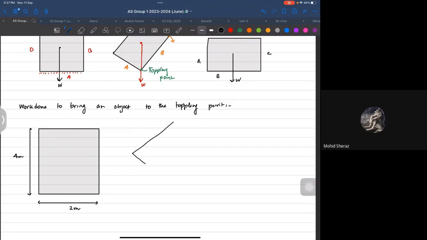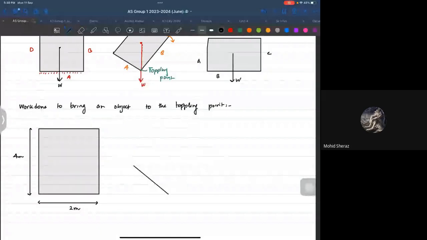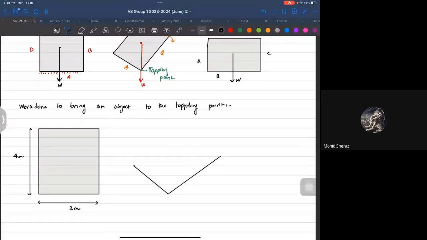And now we have brought it to this point where now it's gonna topple, right?